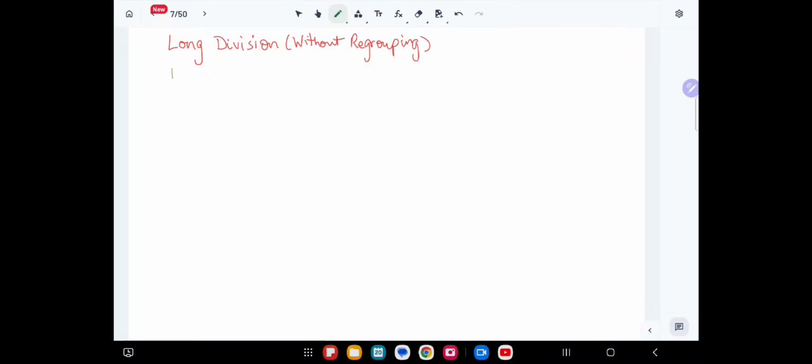So we have DMSB: divide, multiply, subtract, and bring down. And we will keep on repeating these steps until we have no more numbers in the dividend to divide.